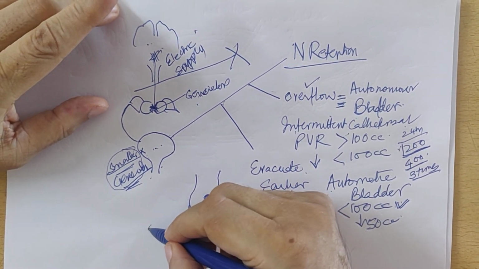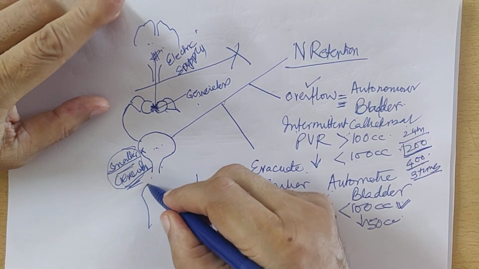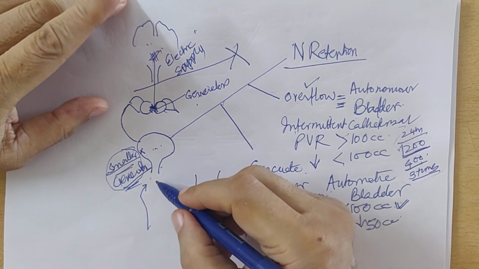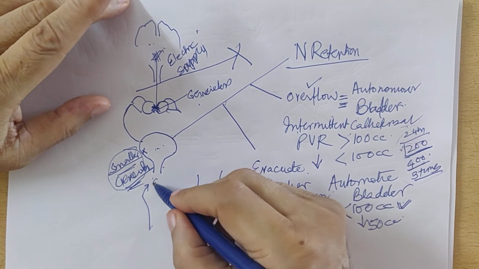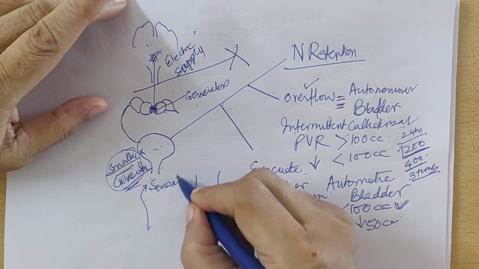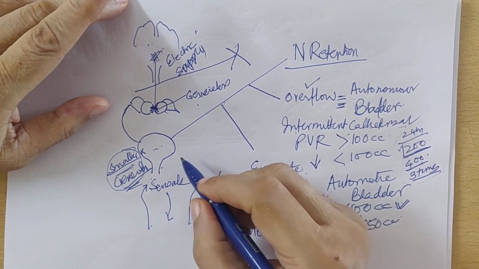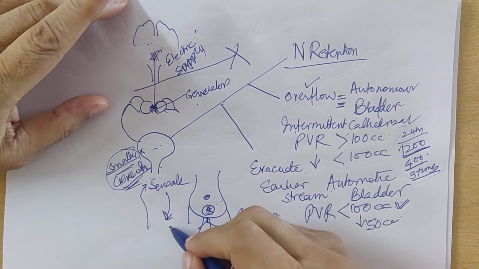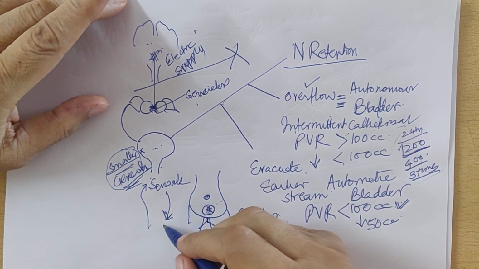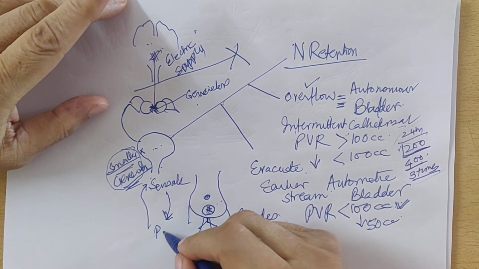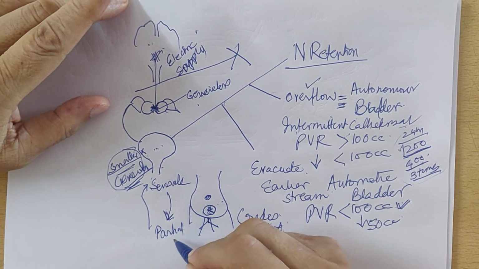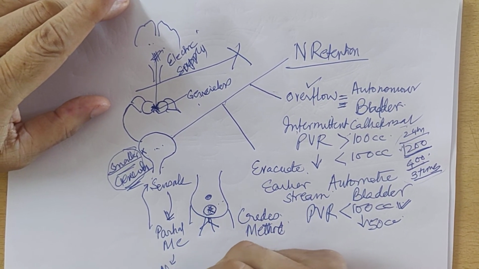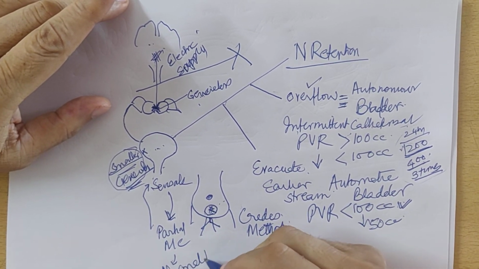Then gradually the person knows when the bladder is full, so sticking to this regimen may not be needed, and that is a sensate bladder. And gradually the external sphincter gets activated and the pudendal nerve control comes back, and therefore you see partial motor control, and then finally a normal bladder.